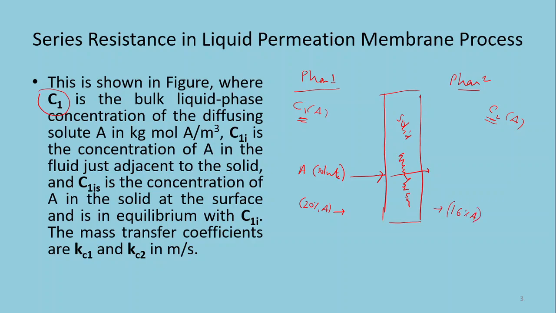That is the first thing we should understand, that the concentration is not the same, and this is bulk concentration. Bulk concentration means the overall concentration of A in phase 1 and the overall concentration in phase 2.